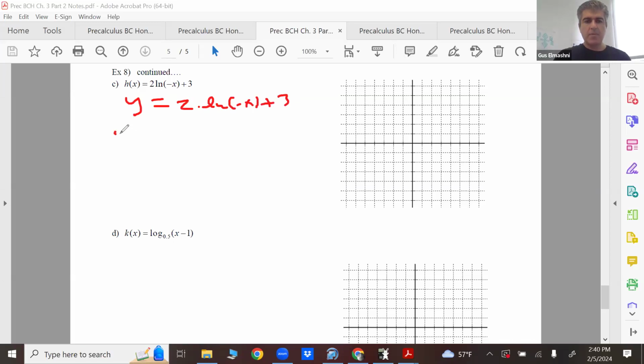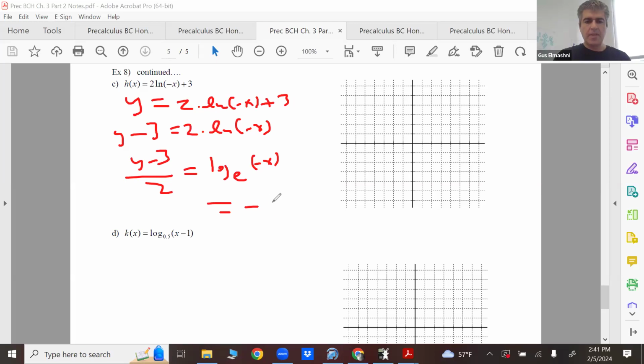So you could make it y minus 3, over 2. And then negative x equals e to all that junk.